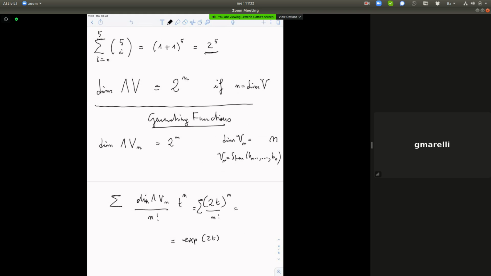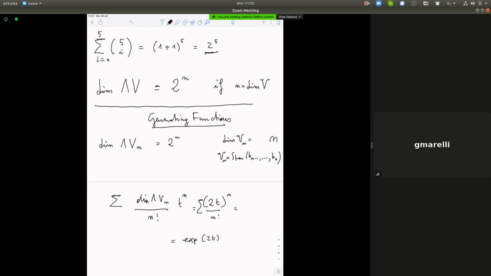So what does this expression mean? Of course, if I take the direct sum of infinitely many finite dimensional vector spaces, this direct sum has infinite dimension, but we can create what we call a generating function.